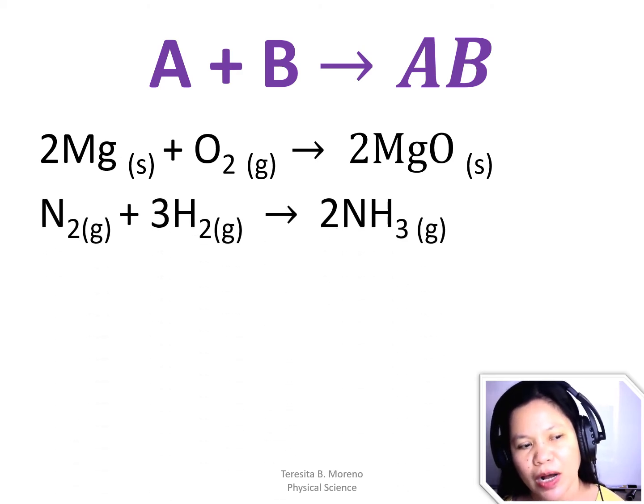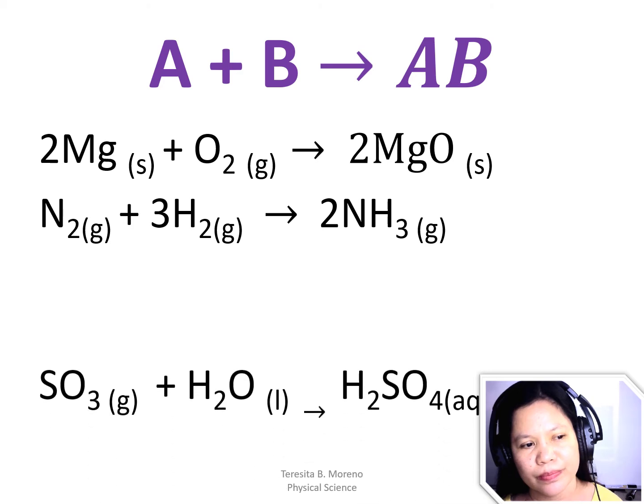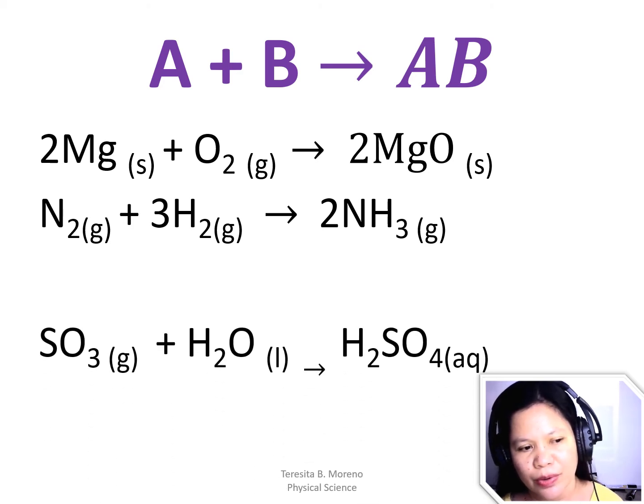Next example, you have nitrogen gas and 3 molecules of hydrogen gas. So it will yield into 2 molecules of ammonia. So NH3 is ammonia, and ammonia is in gaseous state. Okay. Next, you have sulfur trioxide. Why trioxide? Because all of these are non-metals. Sulfur is non-metal, oxygen is non-metal.